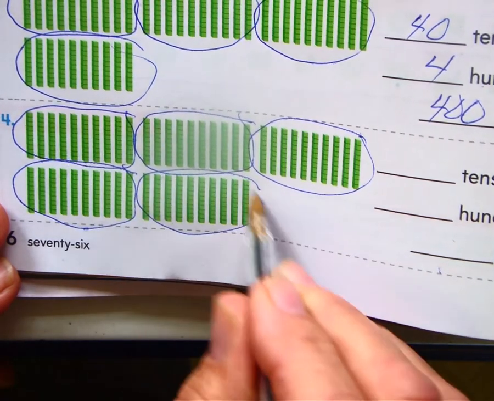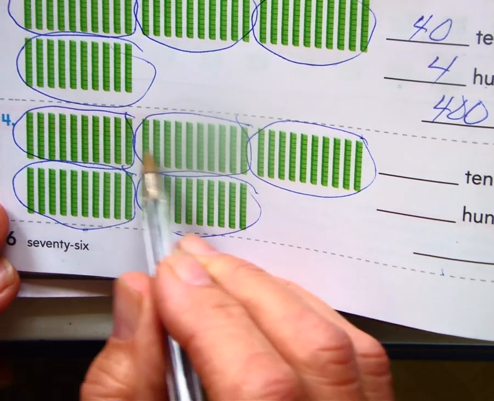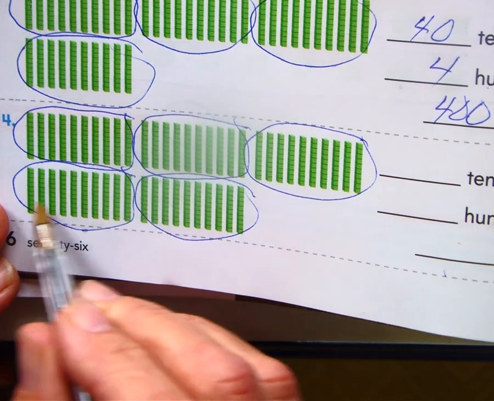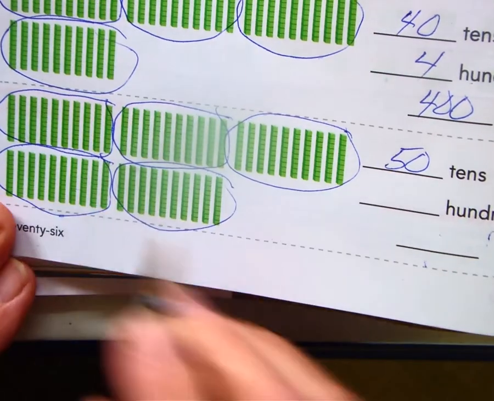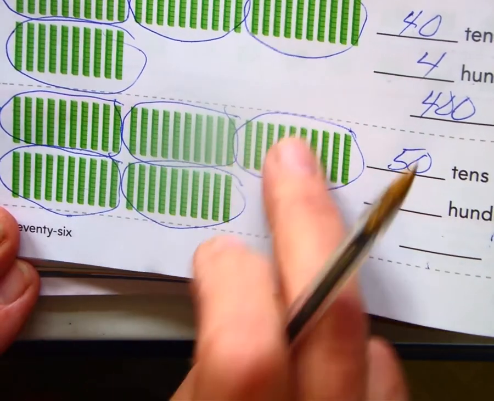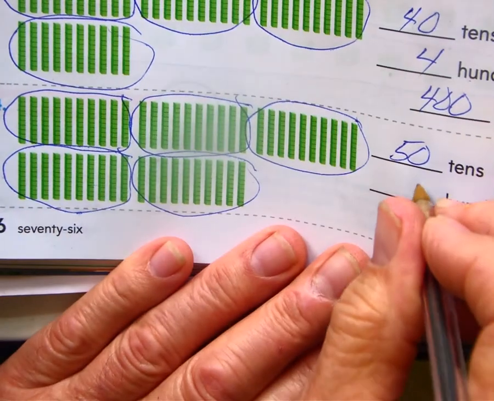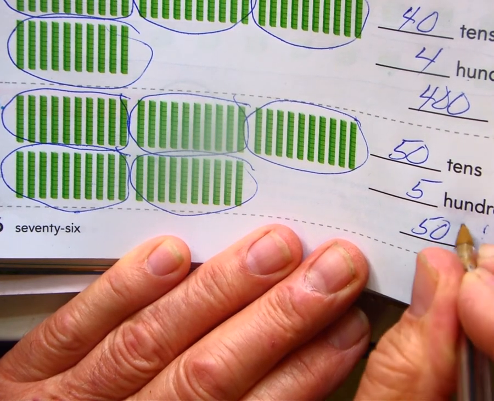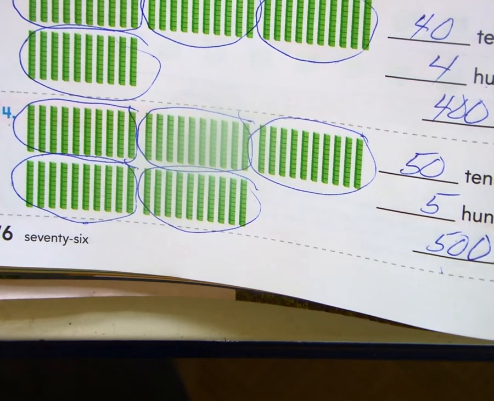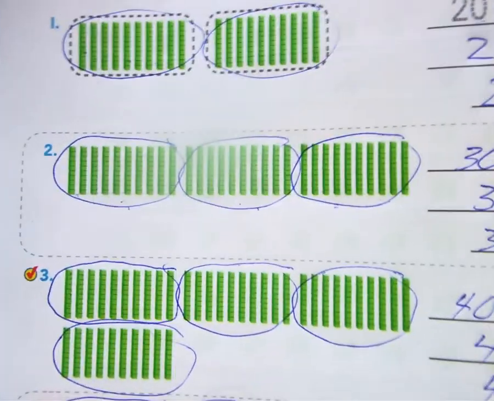And 10 more. I can count by tens. 10, 20, 30, 40, 50. There are 50 tens. How many hundreds? Well, that's 100. 1, 2, 3, 4, 5 hundreds. Which makes 500.